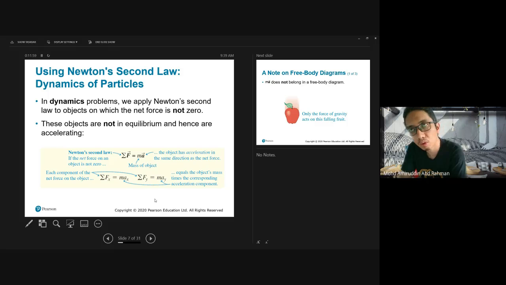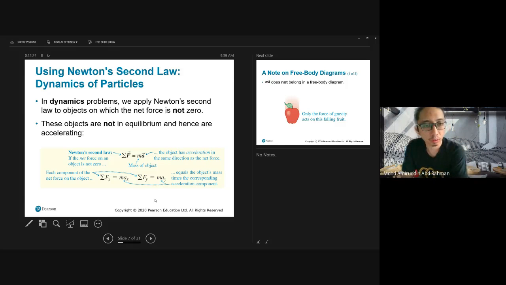So just before that, the example combines Newton's second law and also the first law, because the object is moving to the right, on the x component, but it's not moving on the y component.